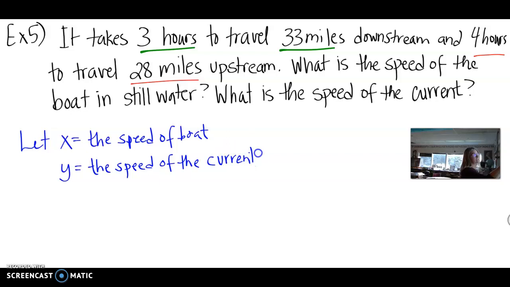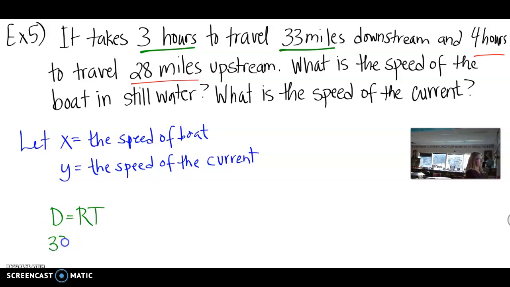I think one of the easiest ways is, let's first of all figure out our rate going upstream. So we need to know this equation. Your distance that you travel is equal to your rate times your time. And we're going 33 miles in 3 hours.